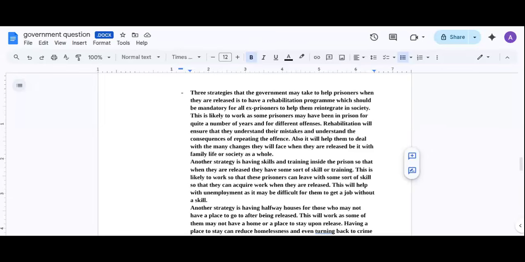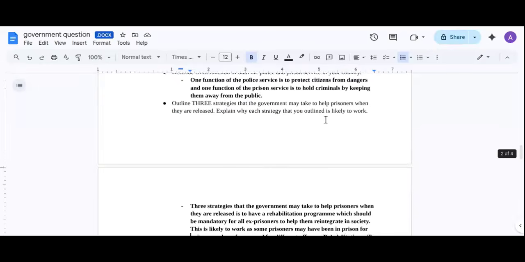This is likely to work as some prisoners may have been in prison for quite a number of years and for different offenses. Rehabilitation will ensure that they understand their mistakes and understand the consequences of repeating the offense. Also, it will help them to deal with the many changes they will face when they are released, be it with family life or society as a whole.